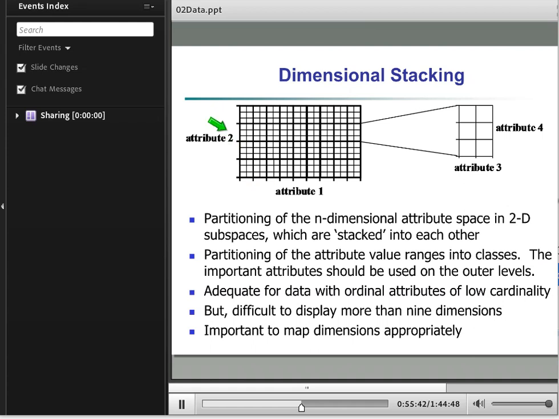For example, here, in dimensional stacking, firstly, I create a map of relation between, for example, attribute 1 and attribute 2. Okay, but what is the relation between attribute 1 and, for example, attribute 3, attribute 4?